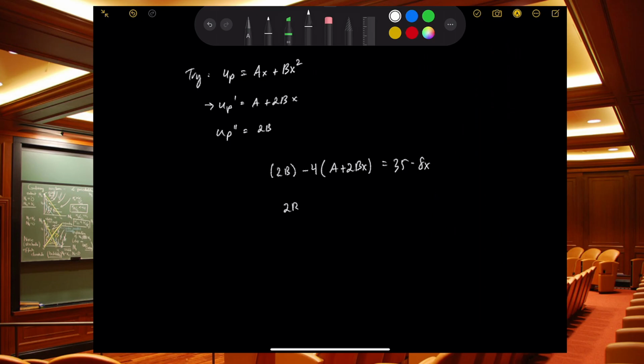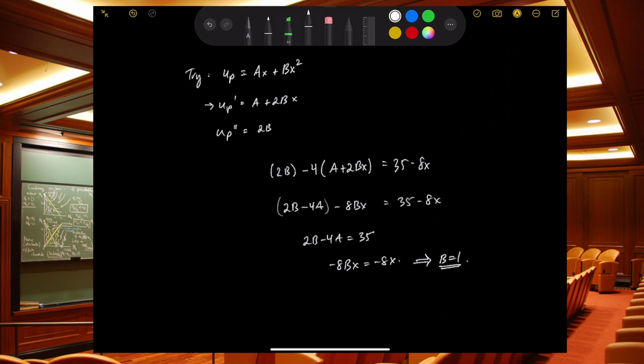So we got 2b minus 4a for the constant piece, and then minus 8bx, all equals 35 minus 8x. So that tells us that 2b minus 4a equals 35, and negative 8bx equals negative 8x. So the bottom one tells us that b must be 1.